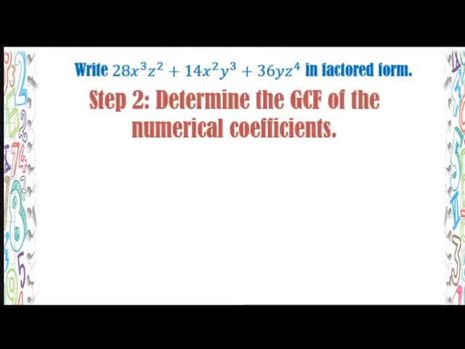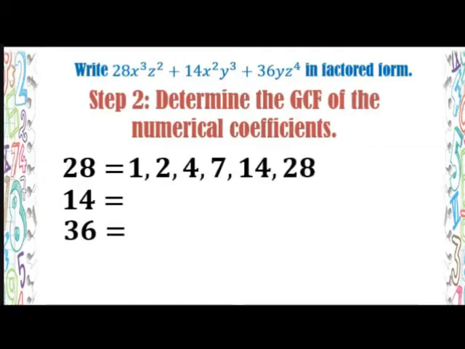Next, determine the GCF of the numerical coefficients. The numerical coefficients of the 3 terms are 28, 14, and 36. The factors of 28 are 1, 2, 4, 7, 14, and 28. For 14, we have 1, 2, 7, and 14.